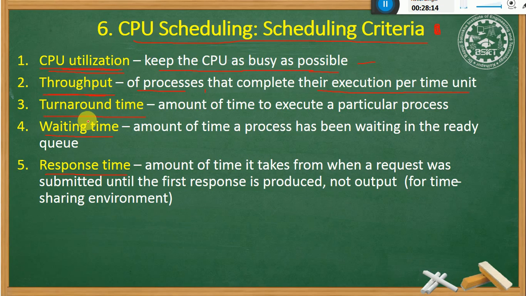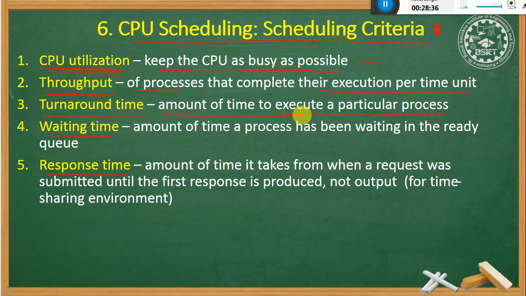Third criteria, turnaround time. Turnaround time is the time spent by the process to execute a particular process completely. So the amount of time taken by the process to complete execution is called turnaround time.